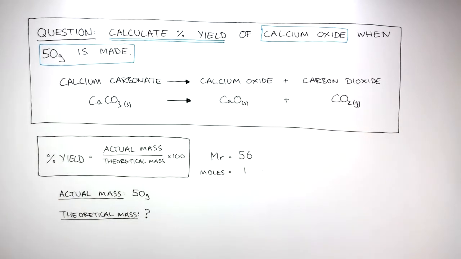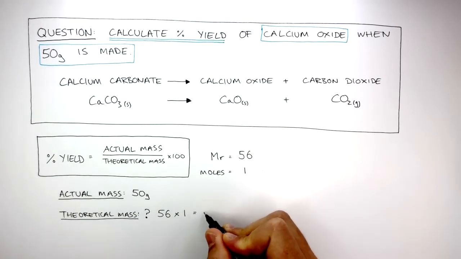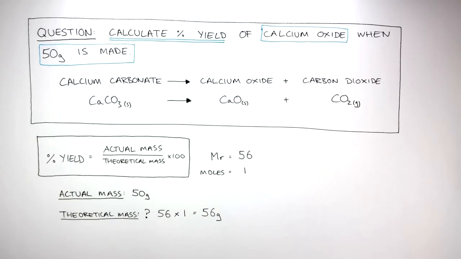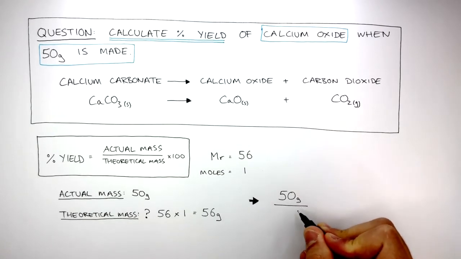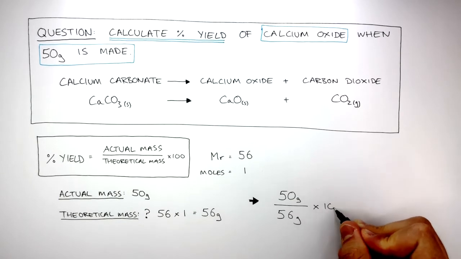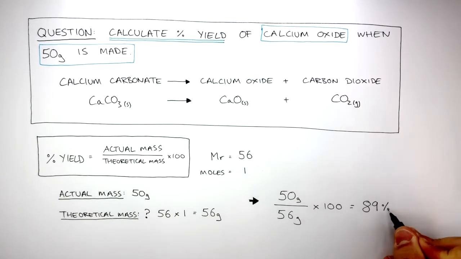So the theoretical mass is 56 times 1 mole, and this equals 56 grams. We then plug this into the equation where the actual mass of 50 grams is divided by the theoretical mass of 56 grams times 100, and this equals a percentage yield of 89%.